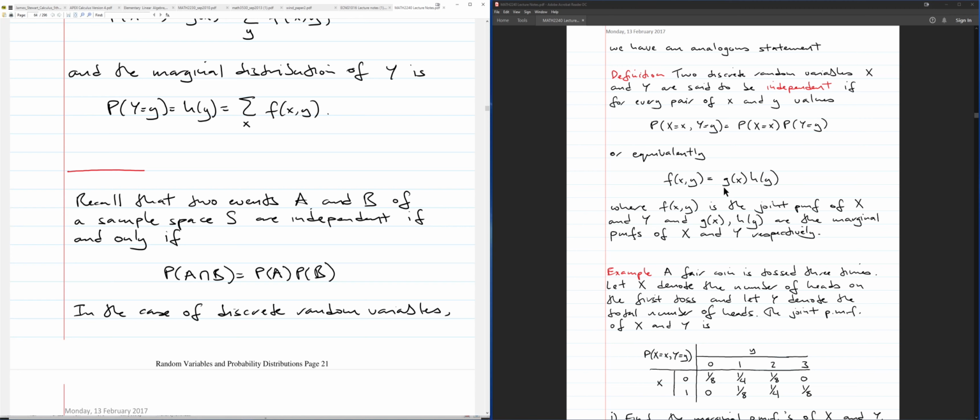Now you could denote your marginal distribution for big X as g of x, and the marginal distribution for big Y as h of y. So this statement you can read as: in order for discrete random variables x and y to be independent, your joint PMF of x and y has to be equal to the product of the marginal PMFs for x and y.